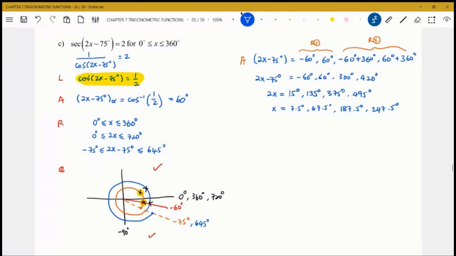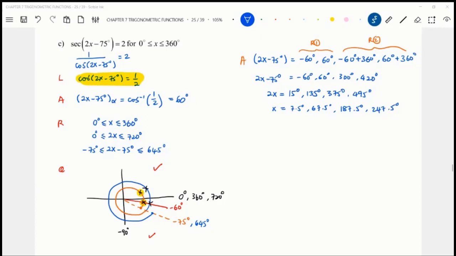Untuk yang ini faham tak kenapa kita boleh dapat negative 60? Are you good? Okay. So kalau faham then should be no problem.